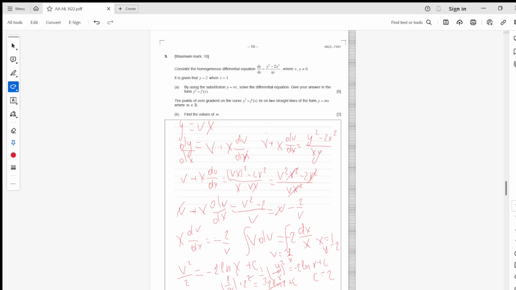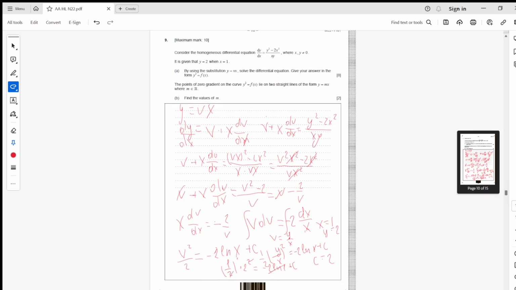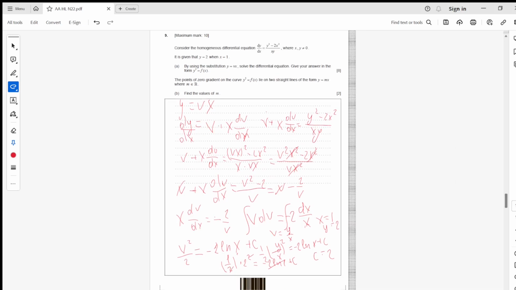And our answer for this question would be y squared is equal to 2x squared times minus 2 ln x plus 2.